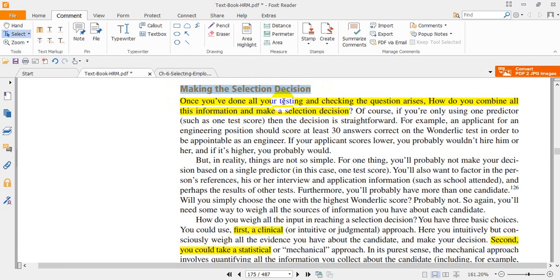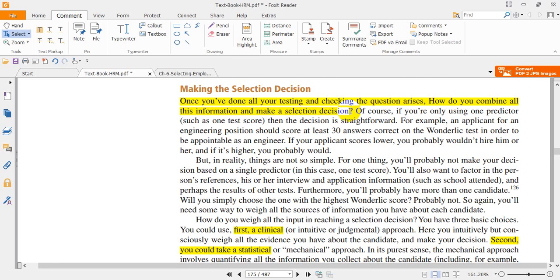Once you have done all your testing and checking, the question arises, how do you combine all this information and make a selection decision? As I explained earlier in this chapter, the selection process goes through many steps and many types of tests, such as tests, interviews, checking information and background investigation.